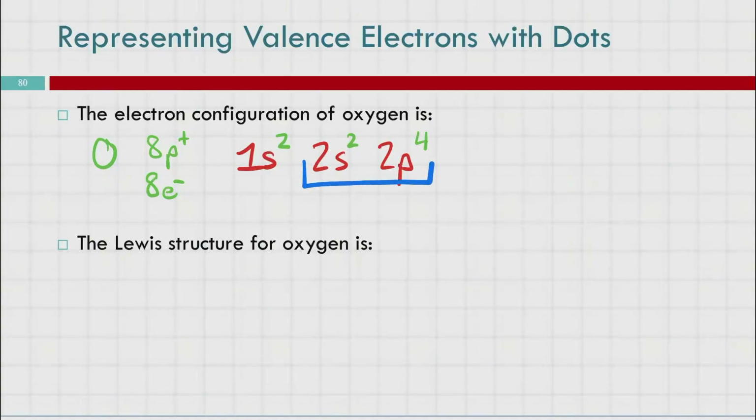And how many valence electrons do we have? We've got 2 sets that have the number 2 in front of them, right? 2s2, 2p4. 2 plus 4, we've got 6 valence electrons.